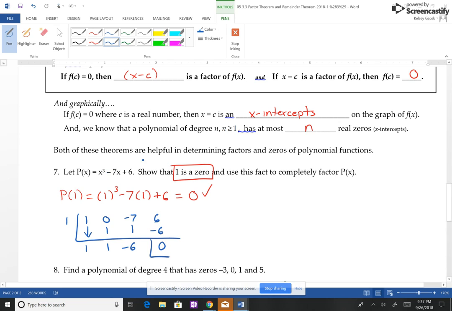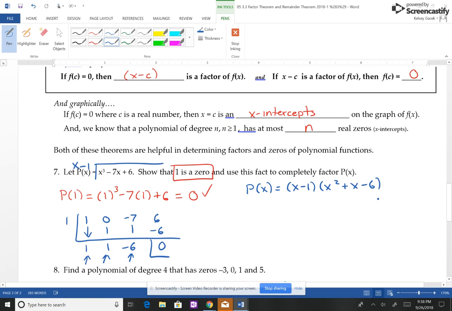Remember, we did p of x divided by x minus 1, and our end result is this polynomial here. And remember, we start with our constant term and work our way up. So when we divided them, we just figured out p of x can be broken down into x minus 1, which is a factor, and we also now have x squared plus x minus 6.